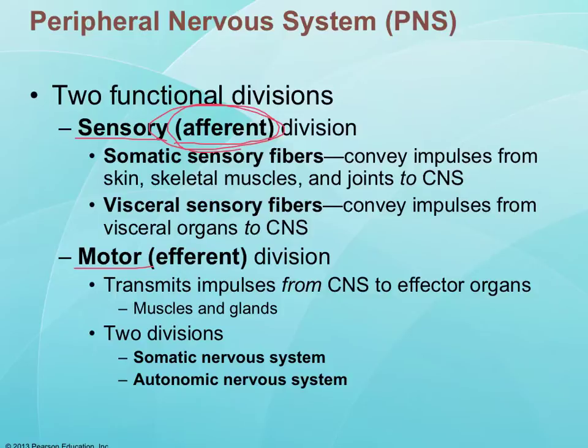And on the other side we have the motor division. Motor is the output because it controls movement, or every output, we call it the motor division. So it may control a gland. Remember the directional terms: afferent with an A means sending in, and efferent with an E means sending out.